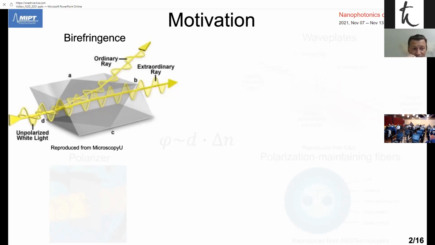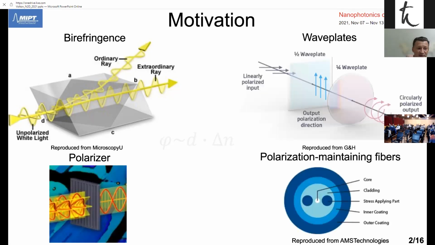This doubling results in a spatial and polarization separation and opens the possibility for the realization of a variety of different useful devices and components, including polarizers, wave plates, optical phase maintaining fibers, and many, many others.